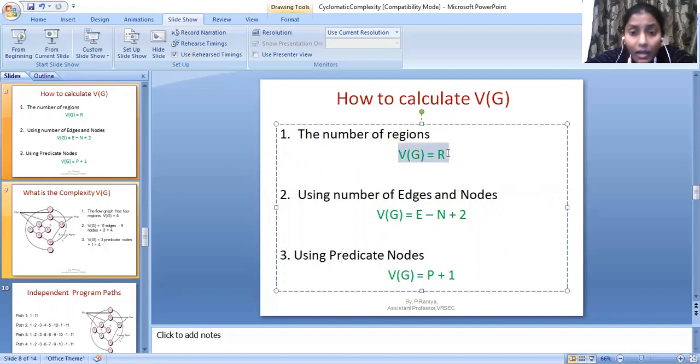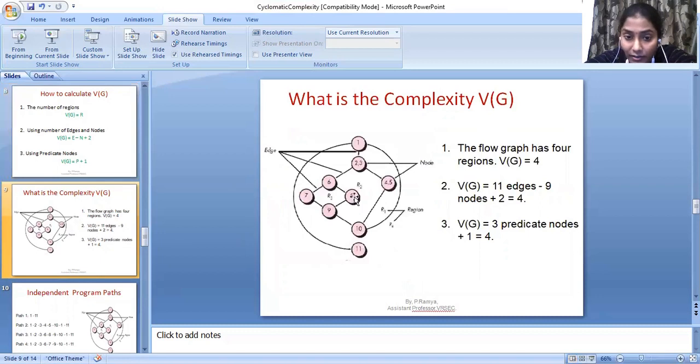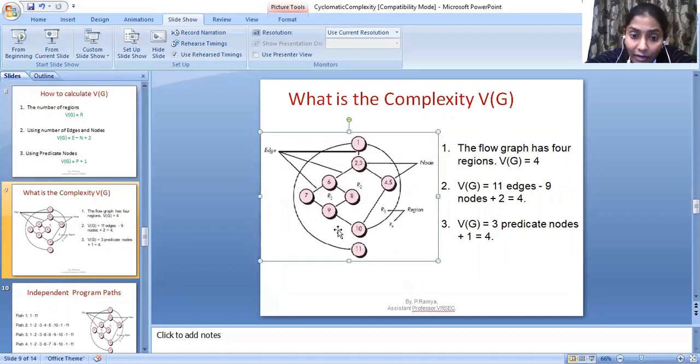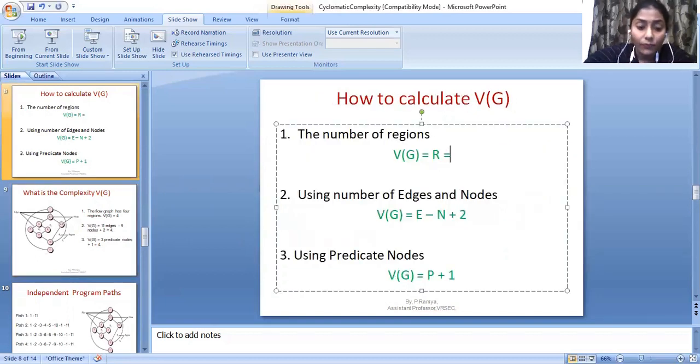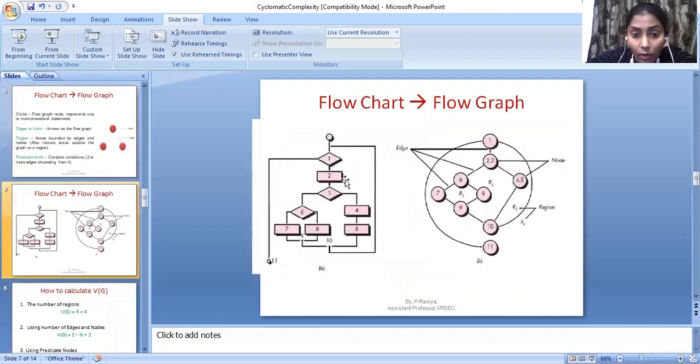Simply, how many regions are there, that will be your complexity. So in our example, how many regions are there? Region 1, region 2, region 3 and region 4. So there are 4 regions, and the complexity for this particular flow chart is 4.